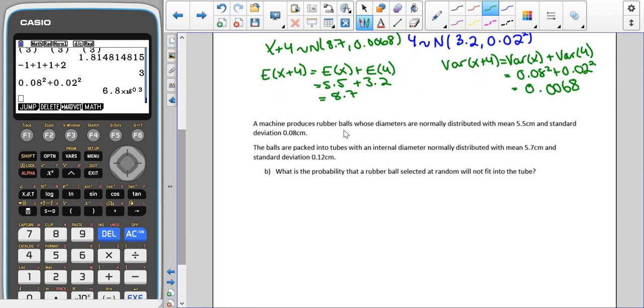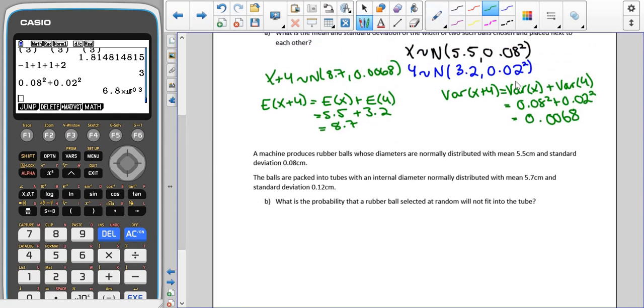So then we have a machine that produces balls whose diameters are normally distributed with a mean of 5.5 centimetres and a standard deviation of 0.08. Notice that this is the same as our X, so we're using the same balls as X. I'm going to reuse that letter here: X follows a normal distribution with a mean of 5.5 and a standard deviation of 0.08.